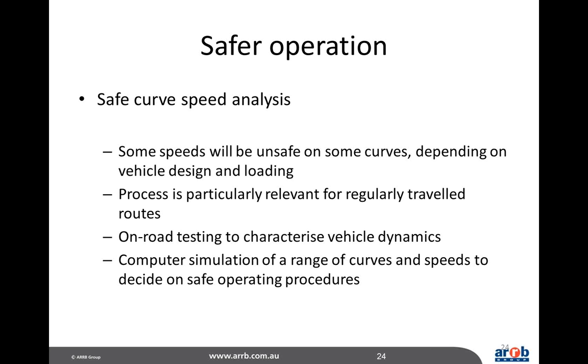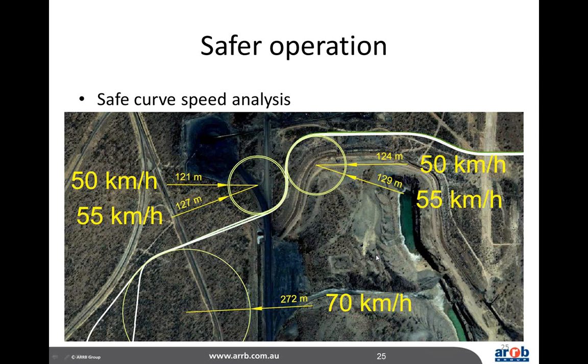And then computer simulation can come into play and put that same vehicle virtually through a range of different curves and speeds, and through that to work out a map of safe curve speeds for that vehicle along a certain route. Here's an example of what might come out of such an analysis.